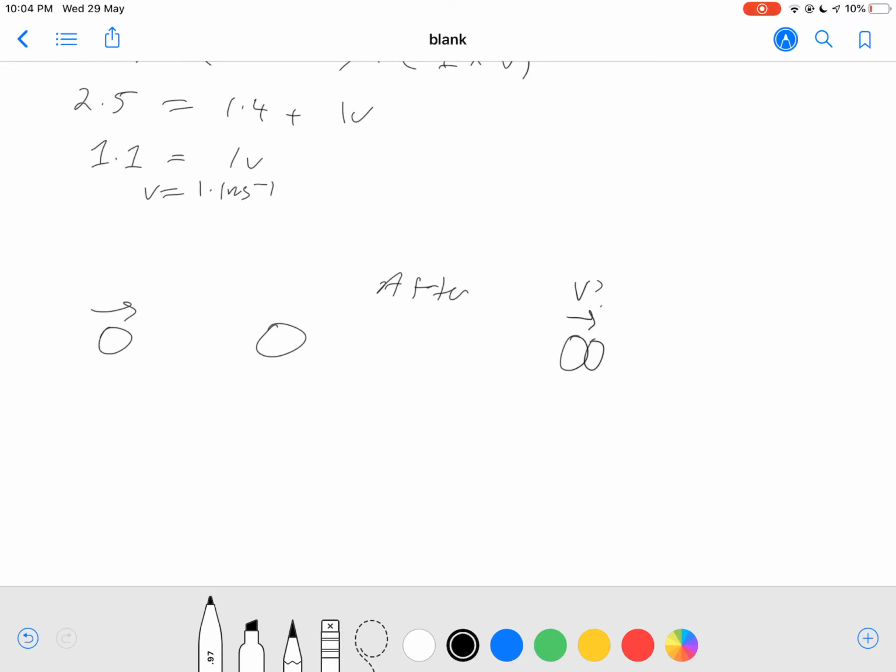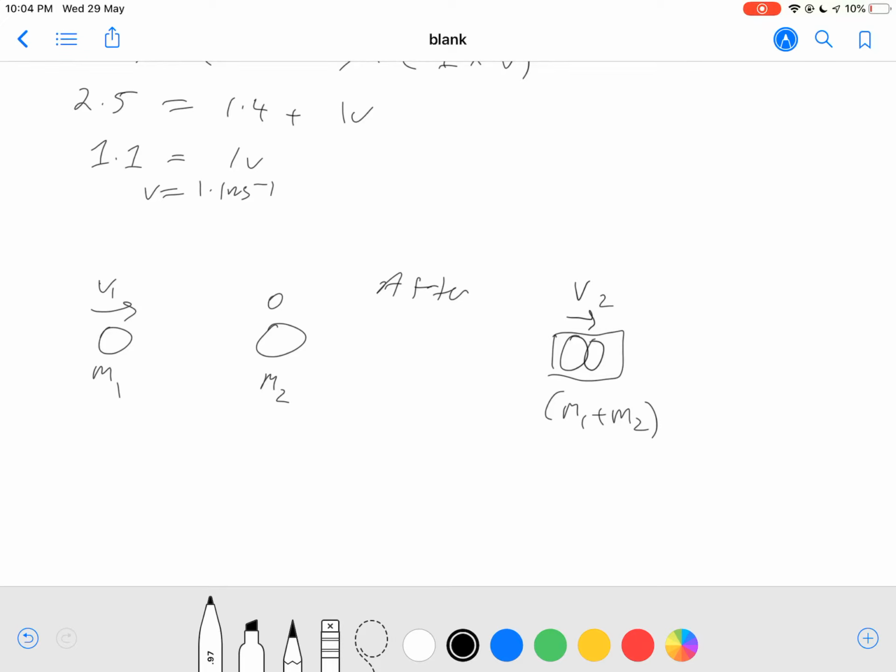Let's call the speed v1, the mass m1, the velocity of the second ball 0 with mass m2, and the combined two balls m1 plus m2 with an unknown velocity, v2.